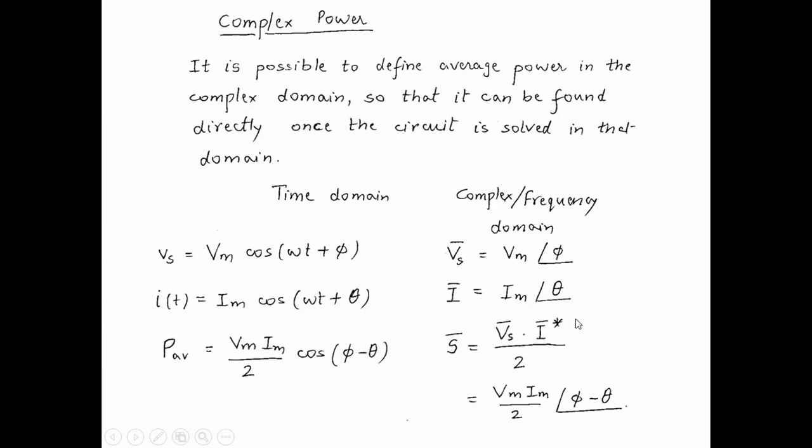If we define a quantity called complex power S as the phasor V times the complex conjugate of the phasor I, divided by 2, we can write this as Vm angle phi, Im angle minus theta, because a complex conjugate in polar form simply changes the angle, the magnitude stays the same. And so we get the complex power as Vm Im by 2 angle phi minus theta. That is the complex power.